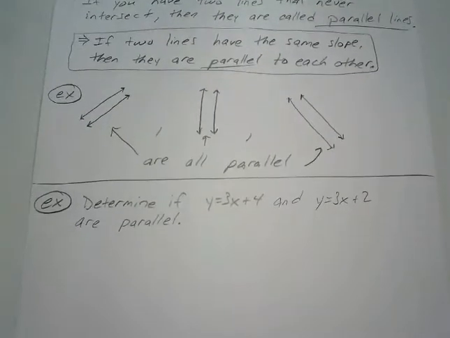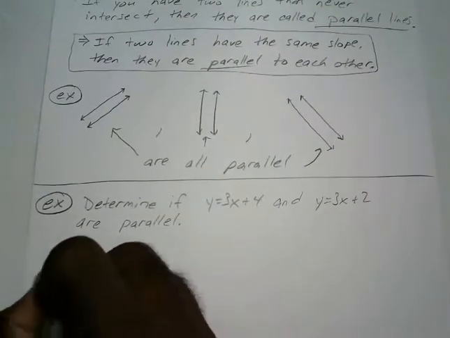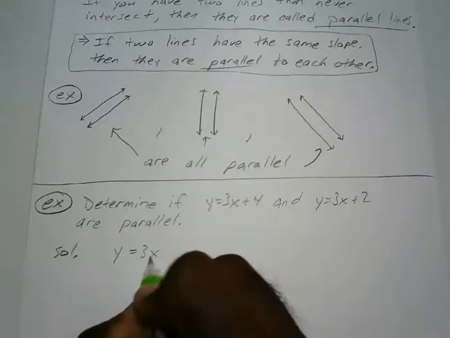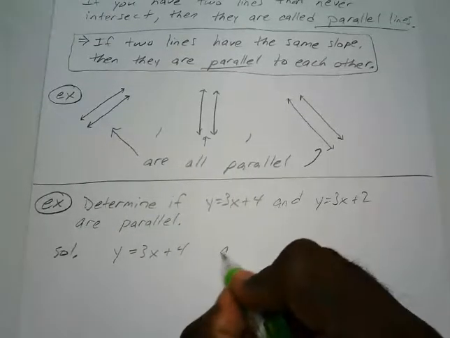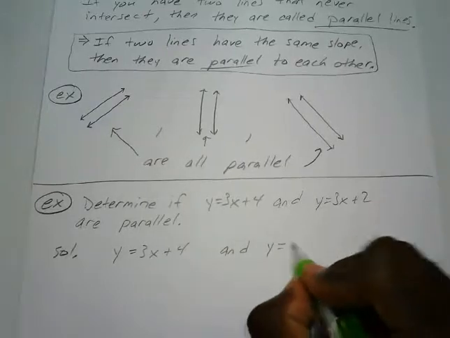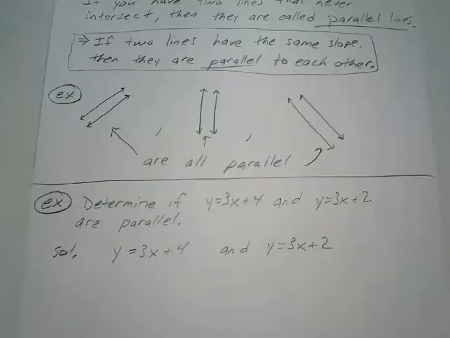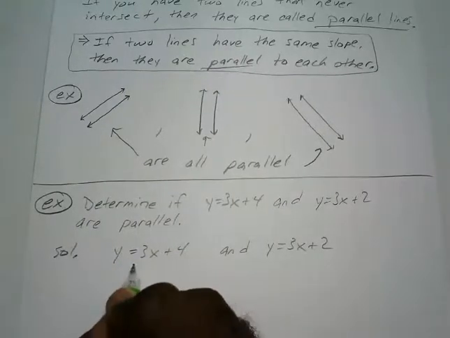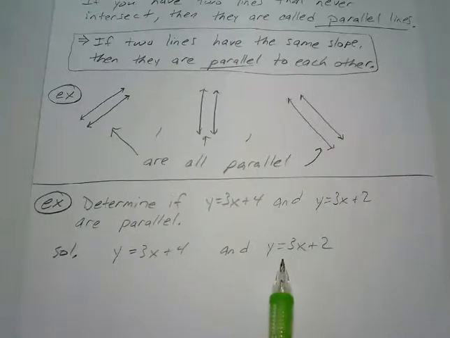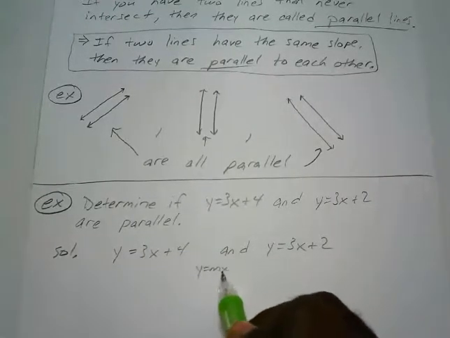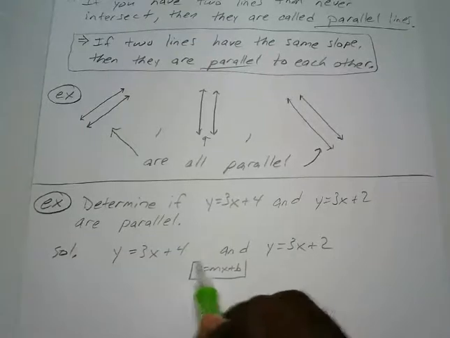Honestly, that one's pretty straightforward, because all you have to do is look at the slopes, because they're already both in slope-intercept form. They're already in y equals mx plus b form.